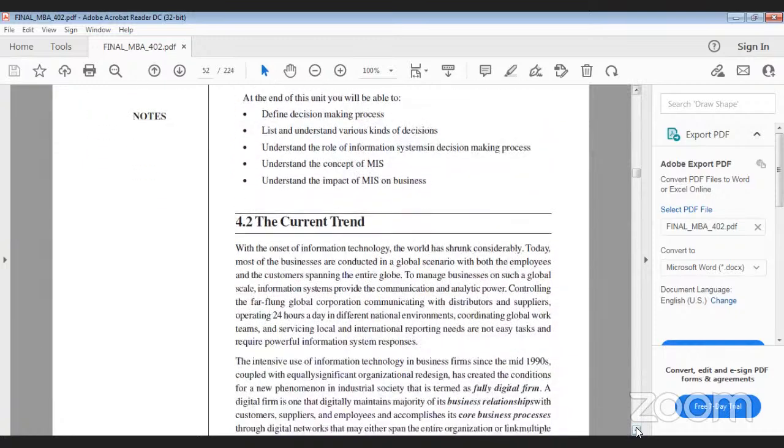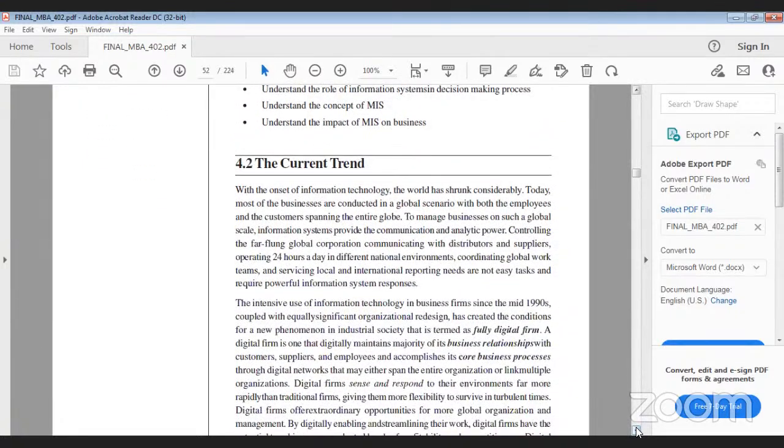First, the current trend. With the onset of information technology, the world has changed considerably. Today, most businesses are conducted in a global role, with both the employees and the customers working around the entire globe. To manage business on such a global scale, information systems provide the communications and analytical powers.